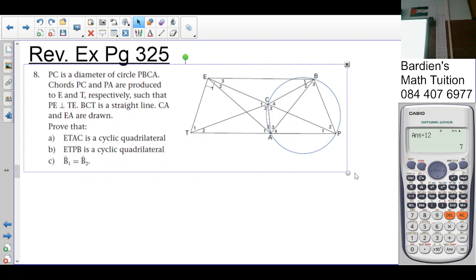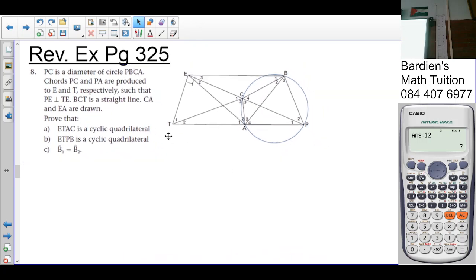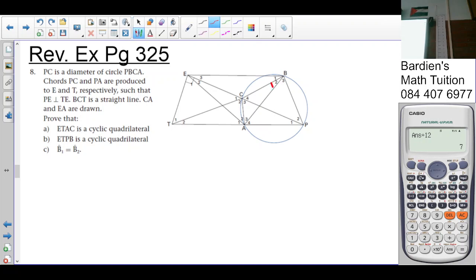Question 8. In question 8 we are told that PC is a diameter. If PC is a diameter, what do we know? That angle B2 and 3 is 90, or angle A3 and 4 is 90. Then we are told chords PC and PA produced meet at E and T respectively, such that TE is perpendicular to PE.